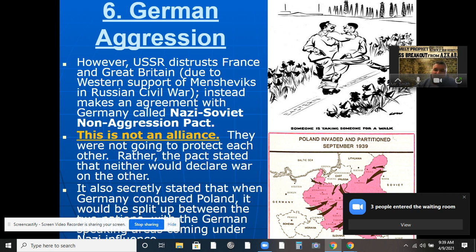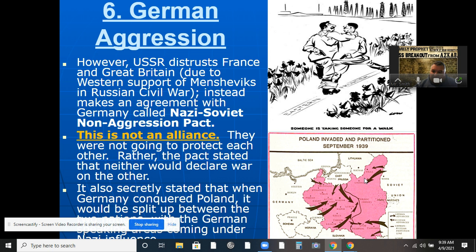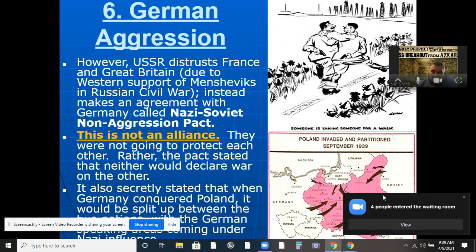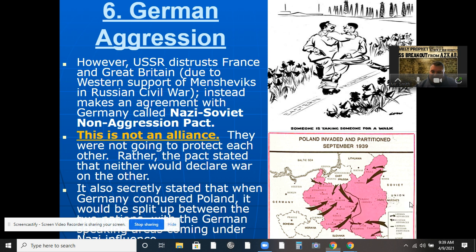Stalin's pretty paranoid. But the Nazis, this is Eastern Frontier, they were really eyeing the Soviet oil fields. But this shows you that they partitioned and divided up Poland between East and West. The eastern part went to the Soviets, and the western part went to the Germans.